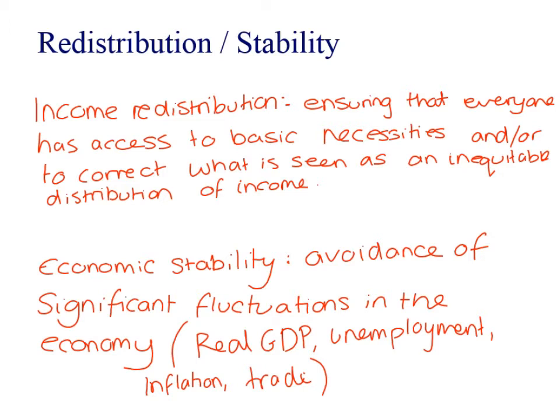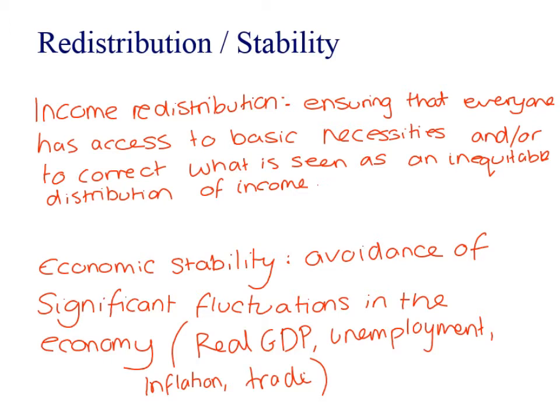So they're just definitions. Income redistribution is ensuring that everybody has access to basic necessities, and correcting what is seen as an inequitable distribution of income. I'm having issues saying words today.